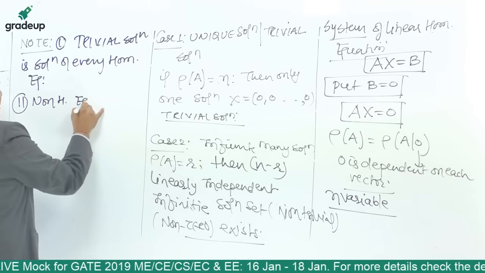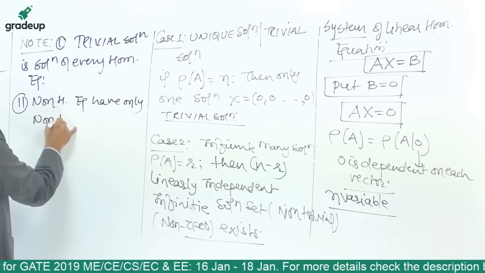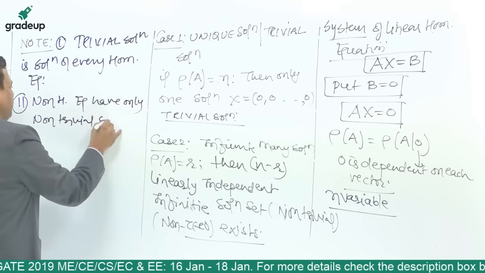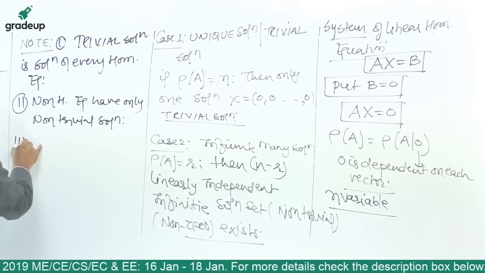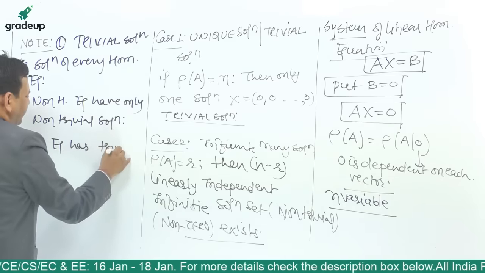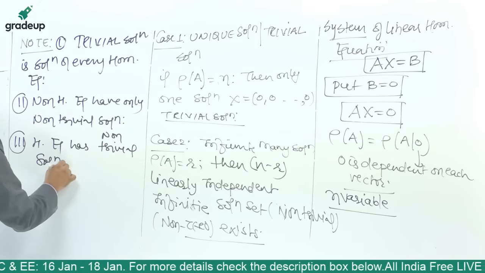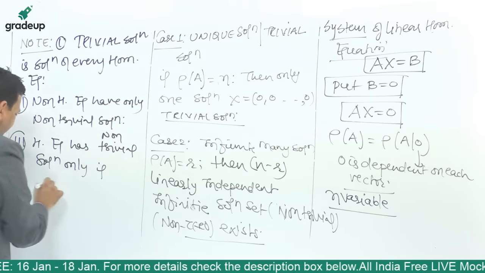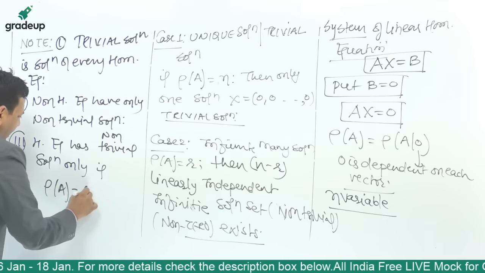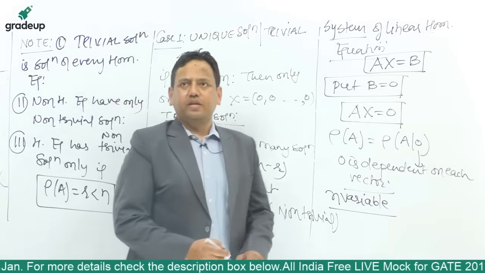A homogeneous equation has a non-trivial solution only if the rank of A, r, is less than n.